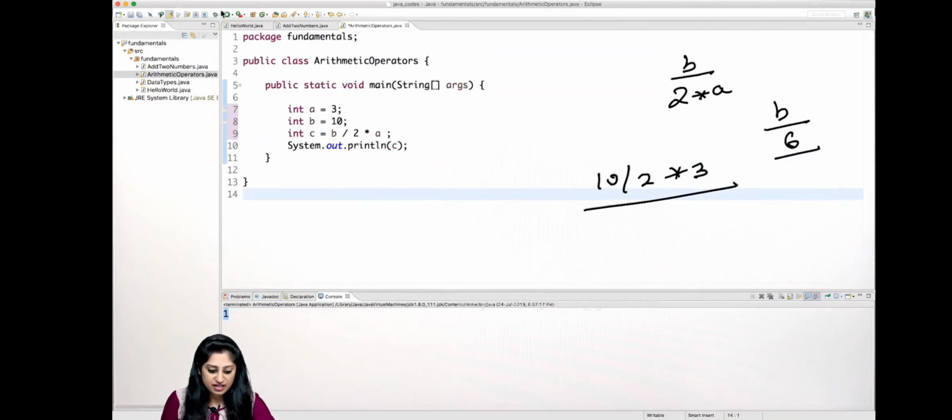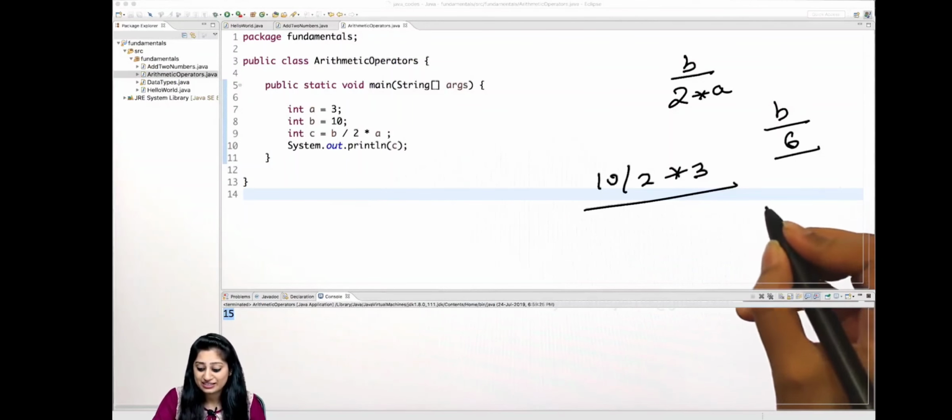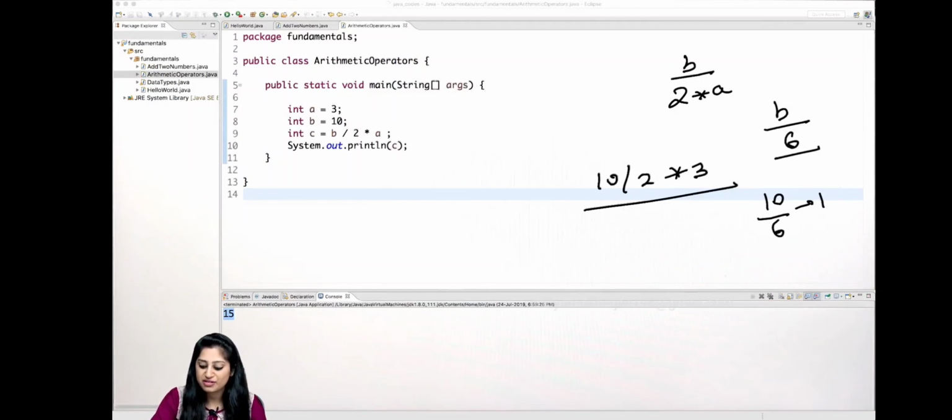So if I run it and we see, the answer is 15, and ideally, as per 10 by 6, the answer should have been 1. That means we are making a slight mistake here. What do you think is the mistake? As we said, divide and multiply have the same precedence, right? So because they have the same precedence, division is happening first and then multiplication. This is not what we actually want to do.